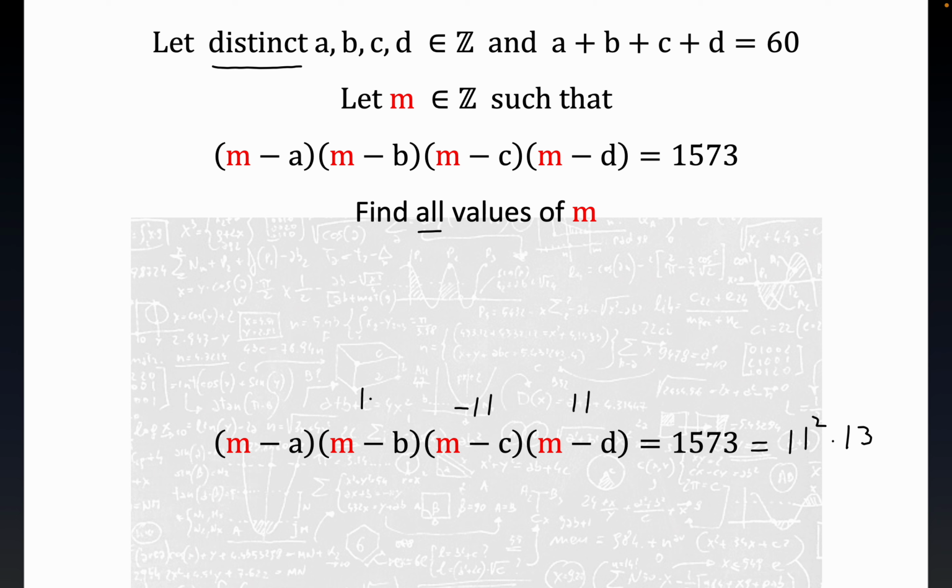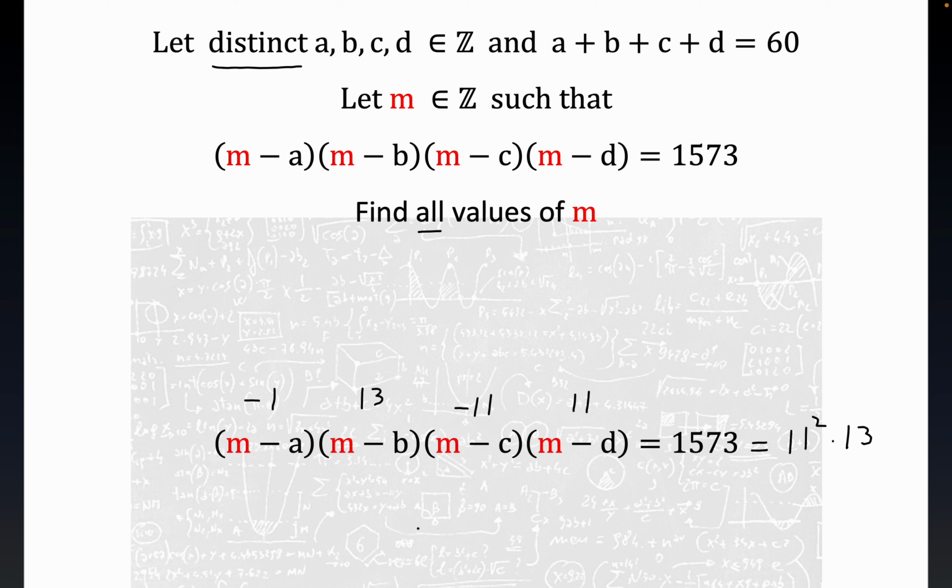Well, you have 4 factors here, but you only have 2 distinct prime divisors of the constant term. So you have no choice here. You have to cancel this out because this is positive. So you have to put a minus 1 right there. If you're going to put 13 here, you'd have to put a minus 1 here. And you see how we've covered all the primes? We have 2 copies of 11, and the minus signs cancel out, and we maintain this positive constant.